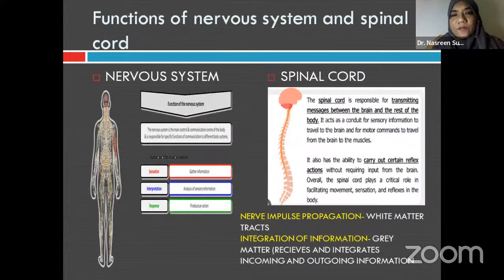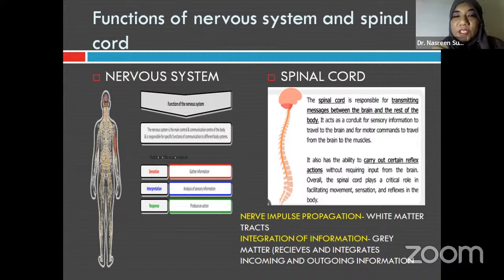So the most frequently asked question is, what are the functions of the nervous system? Okay, and spinal cord. Both are asked separately, but I have included them in one slide. Okay, so what is the function of the nervous system? The nervous system deals with the central nervous system, peripheral nervous system, and autonomous nervous system. Okay, so whatever might be the type of nervous system, there are 3 important functions. Okay, sensation, interpretation and response.